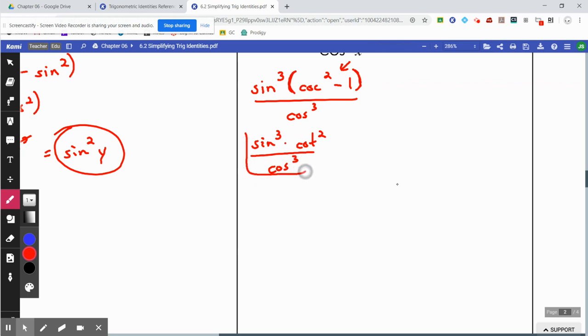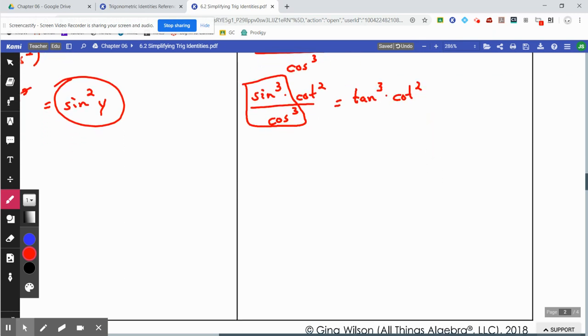Now sine over cosine right here, we could split that. And sine to the third over cosine to the third would be tangent to the third times cotangent squared. Now let's see if we can clean this up a little bit. I know tangent is equal to sine over cosine. I should have actually just left that, sine to the third over cosine to the third, because I just dug a hole and then I filled it in.